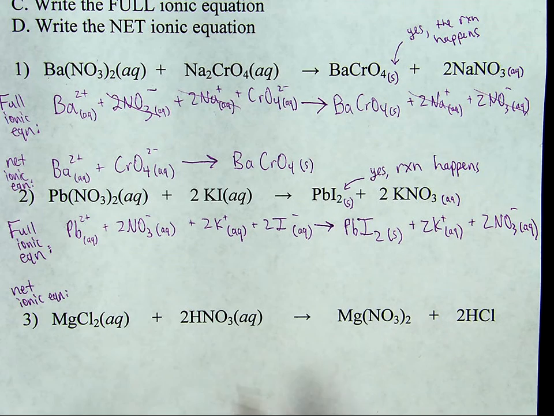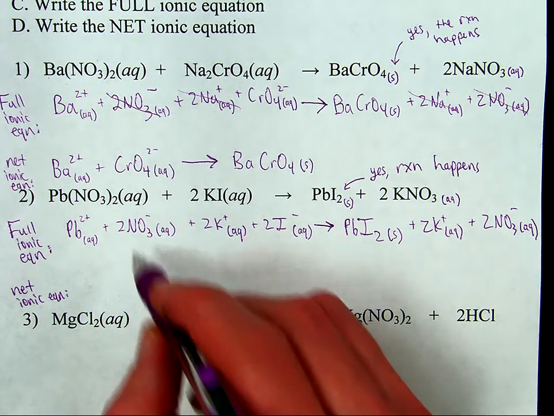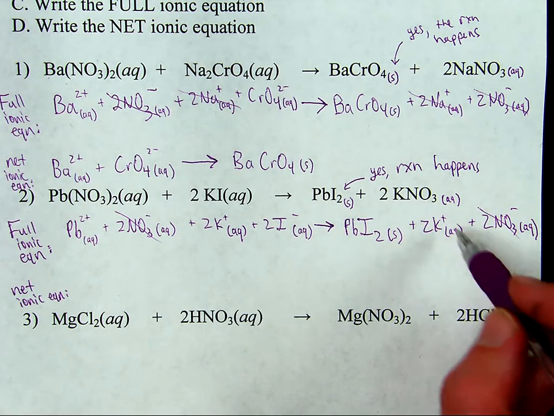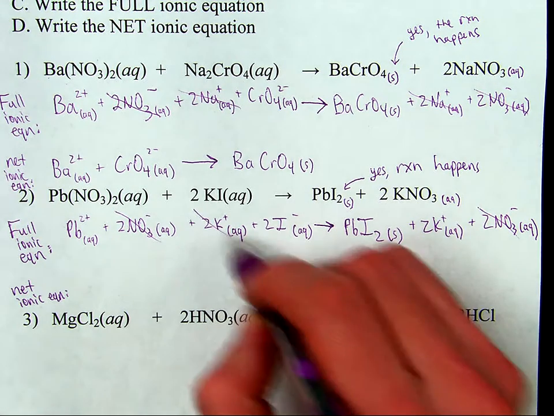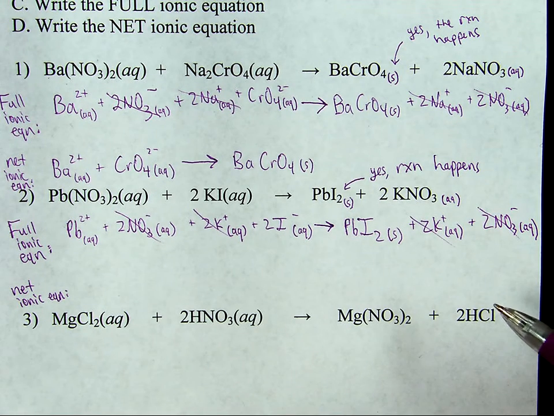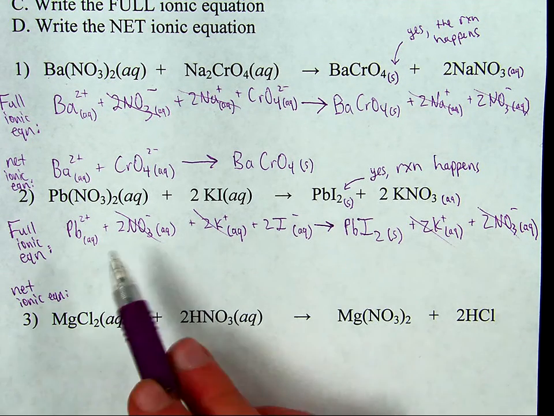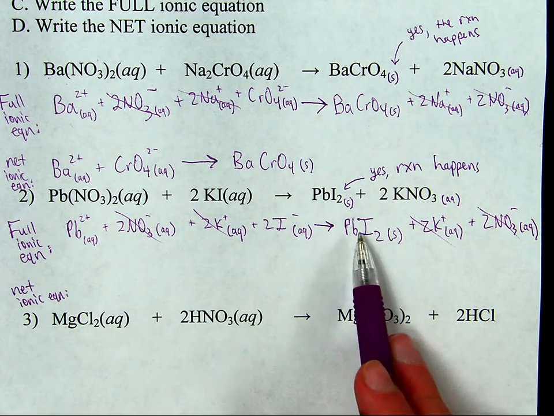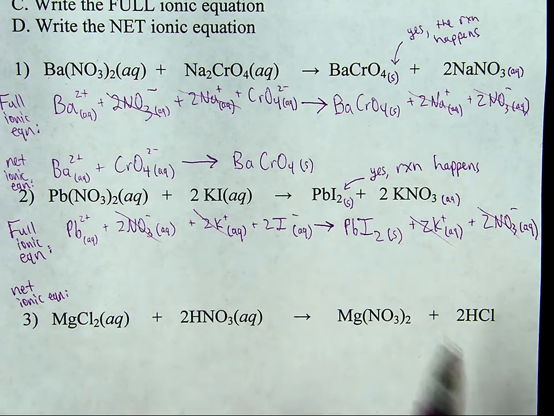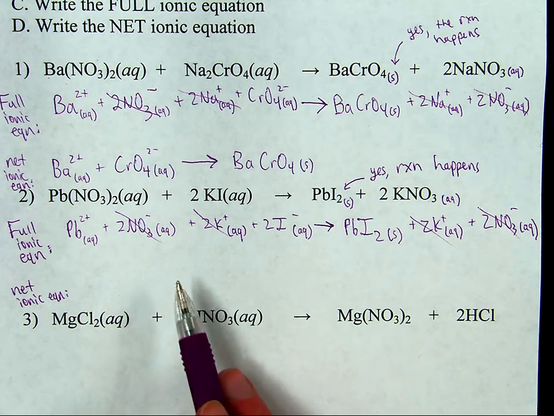Okay, so once again, I can cross out everything that appears on both sides. You got 2 nitrates, 2 potassiums. Those are just the spectator ions, they don't participate. I don't have lead on both sides. I've got lead ion and lead iodide, but this is not the same thing, so I don't cross them out because it's not the exact same thing. Same thing here.